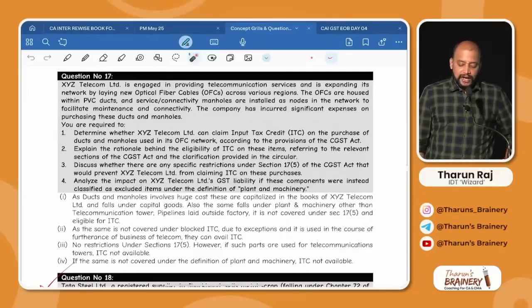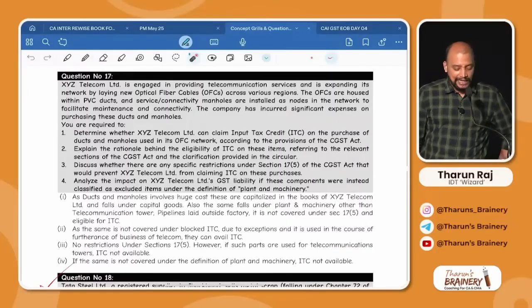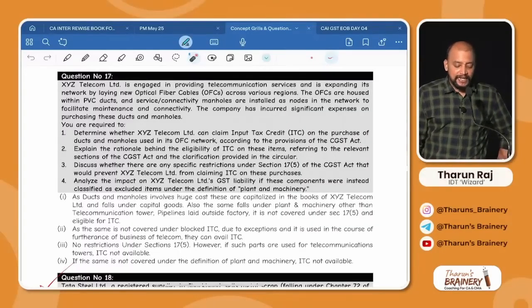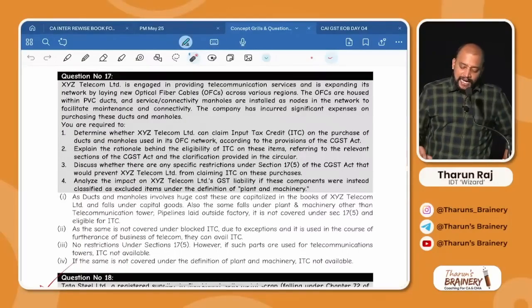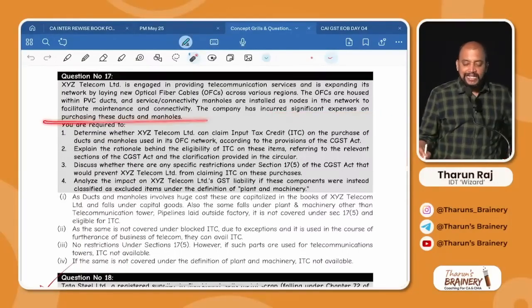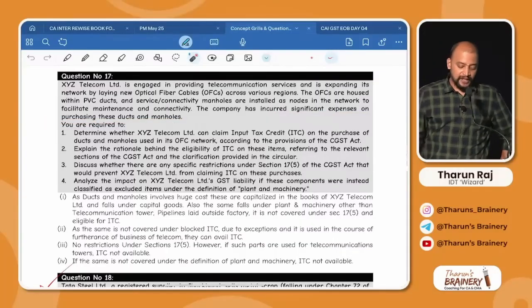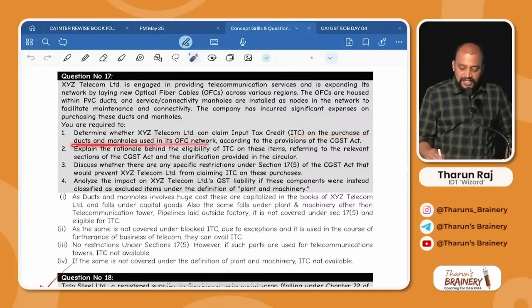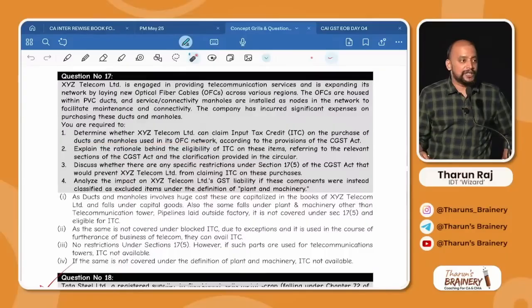The OFCs are housed in thin PVC ducts and service or connectivity manholes are installed as nodes in the network to facilitate maintenance and connectivity. The company has incurred significant expenses on purchasing these ducts and manholes. You are required to, point number 1, determine whether XYZ Telecom Limited can claim ITC on the purchase of ducts and manholes used in the OFC network.